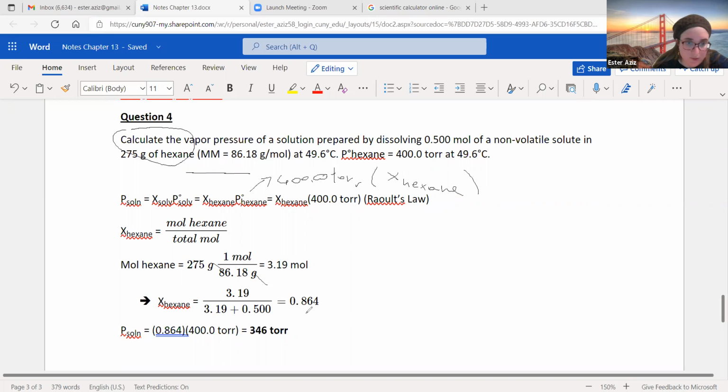When you do that, that gives you 0.864. And it's a mole fraction, so it's unitless. Now let's just plug that into the expression. P of solution is equal to 0.864 times 400 torr, which is 346 torr, sorry. So that will be our answer here.